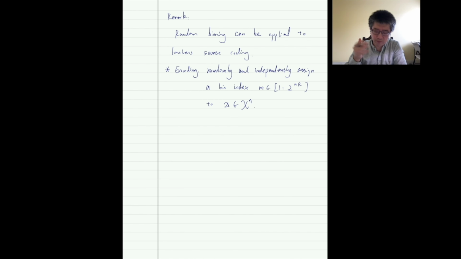So this is very similar to what we just saw. And the encoder will just send m if x is in this bin.